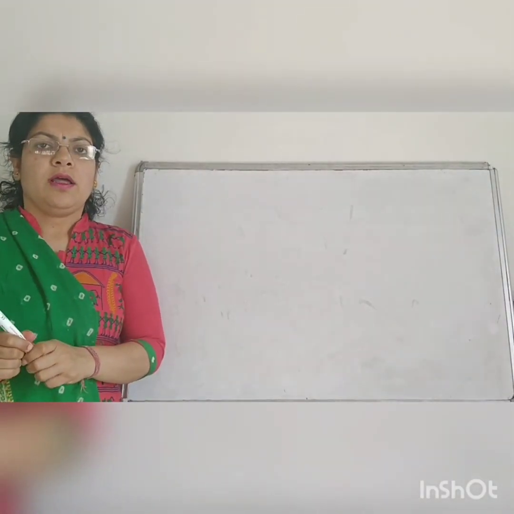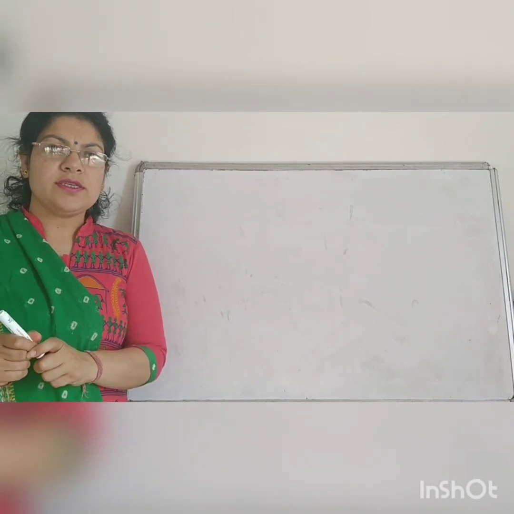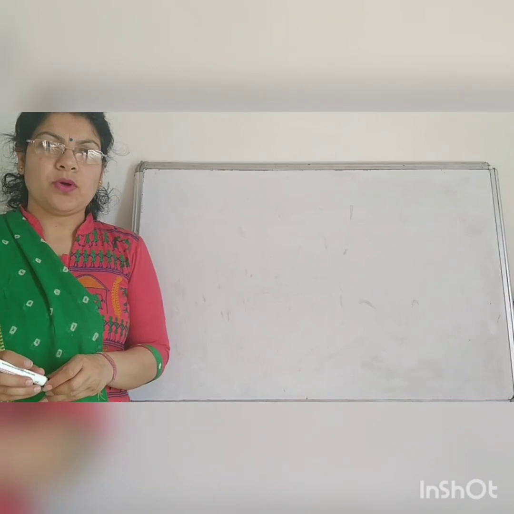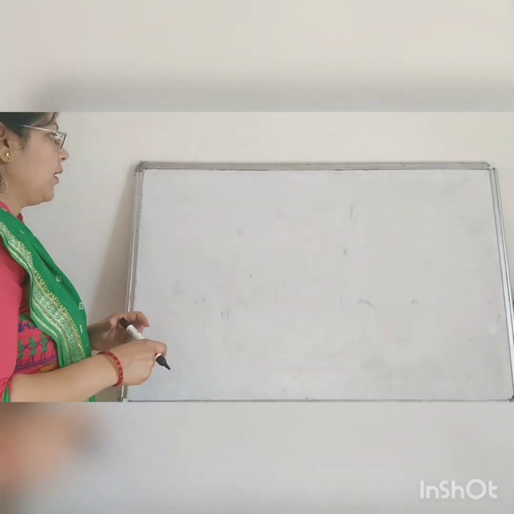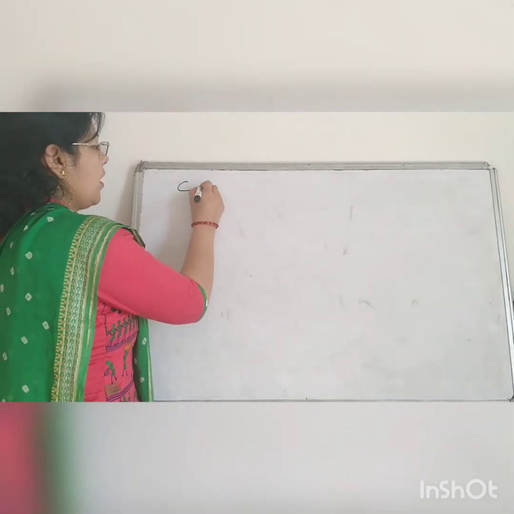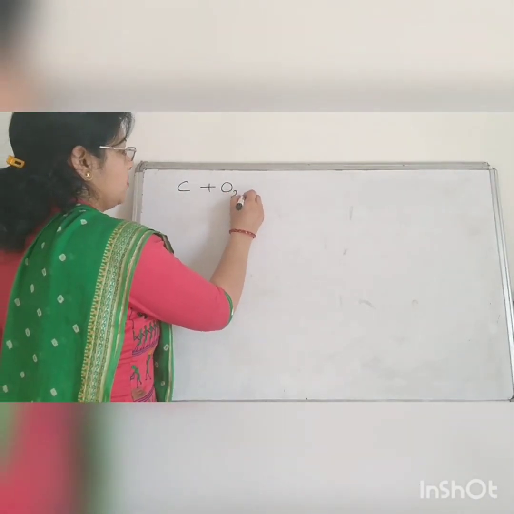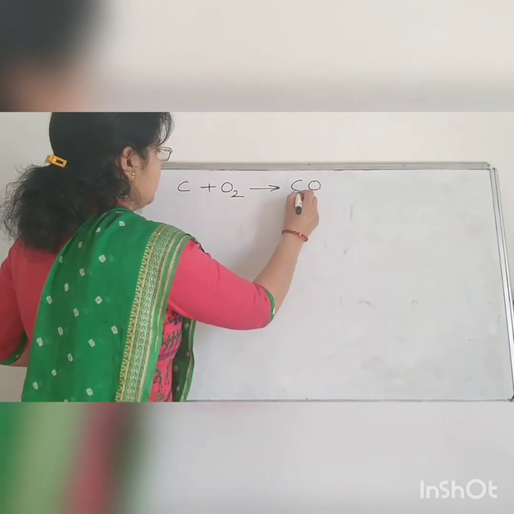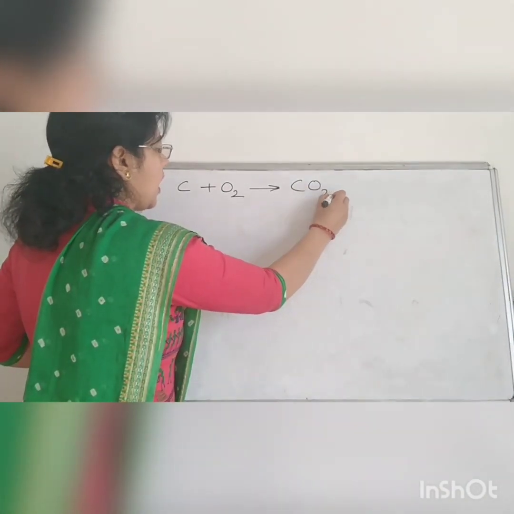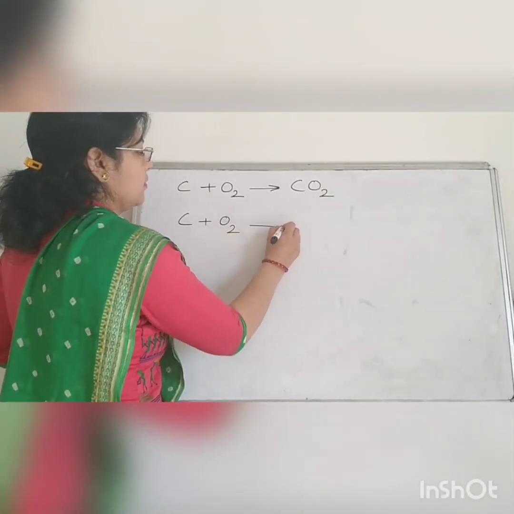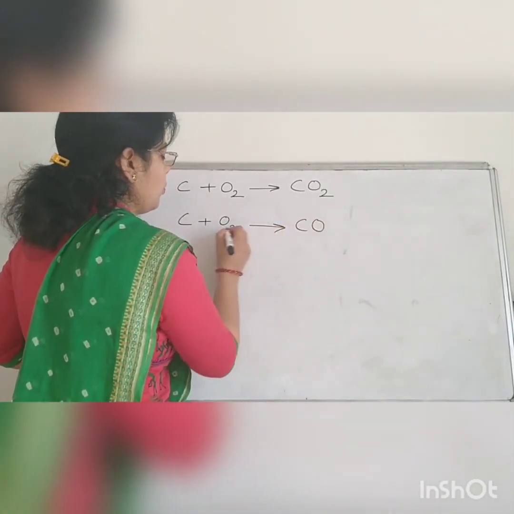Now let us take more examples for the law of multiple proportion. Let us take the example of carbon and oxygen. When carbon and oxygen combine together, they form carbon dioxide as well as carbon monoxide.